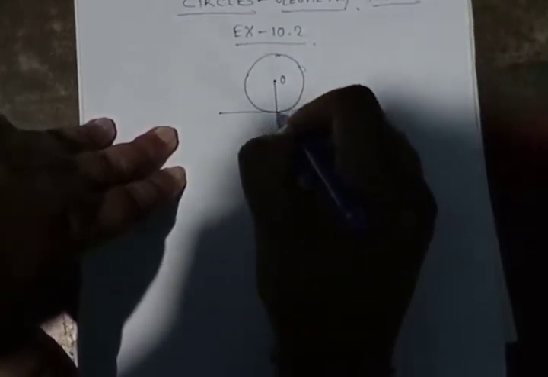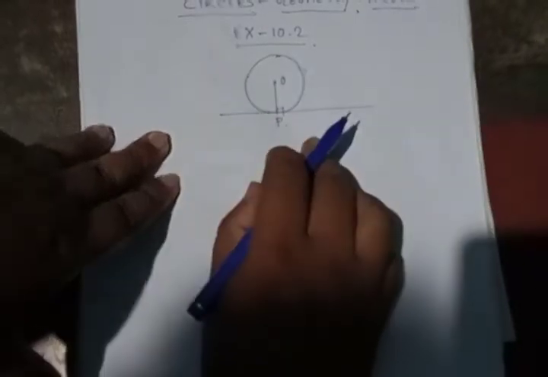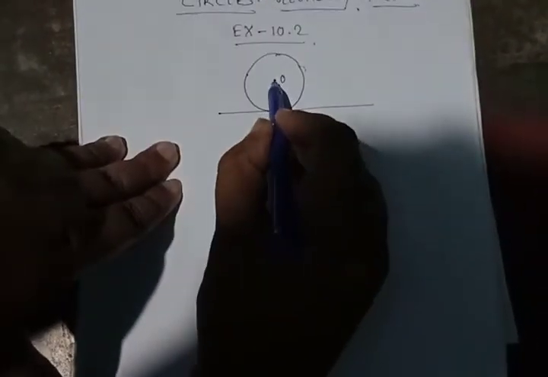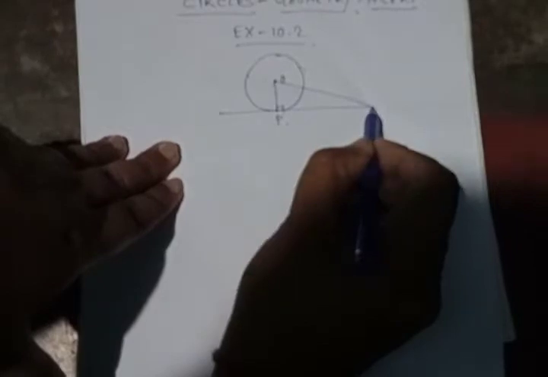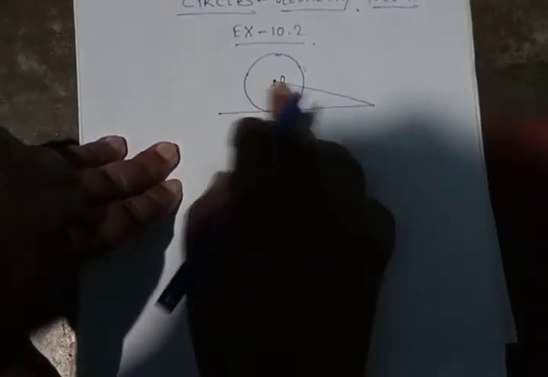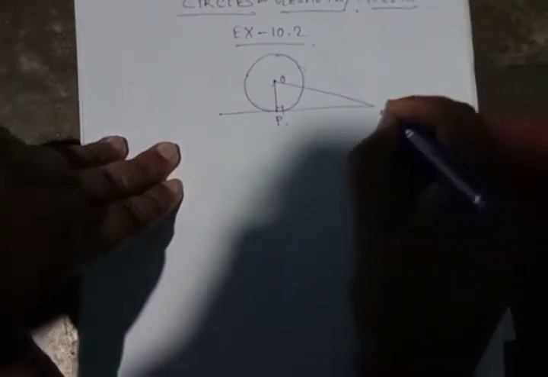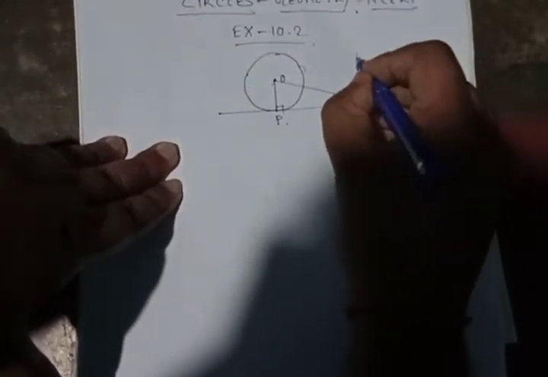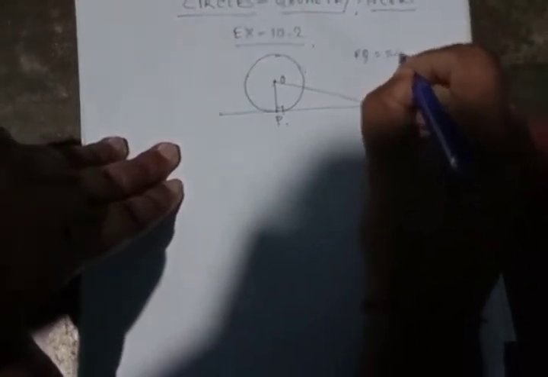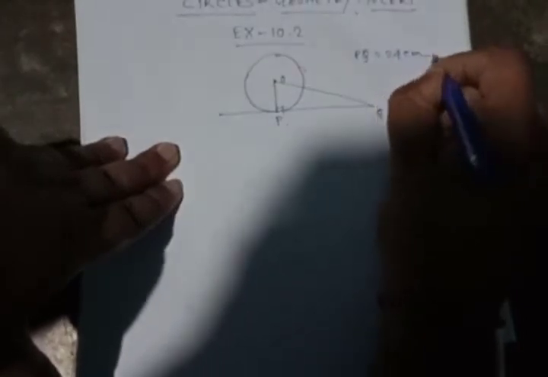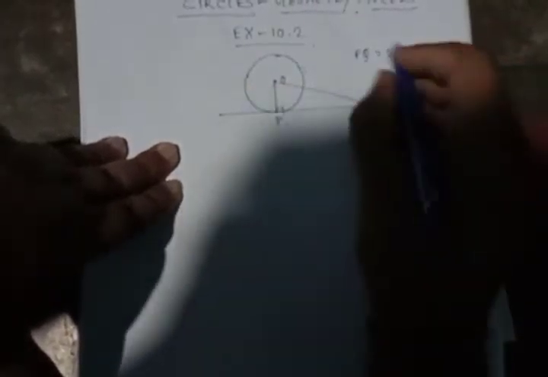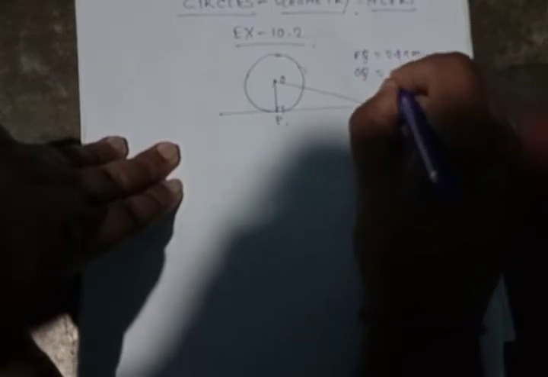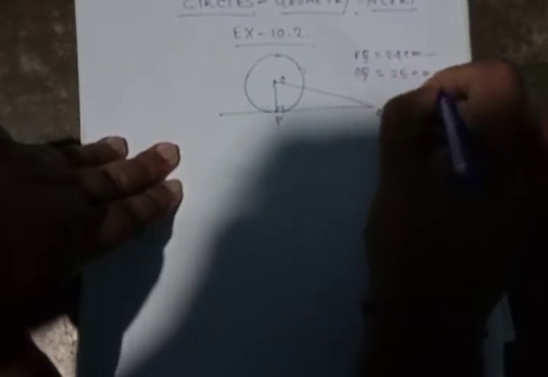Next, this cuts here at Q, and PQ is equal to 24 cm and OQ is equal to 25 cm.